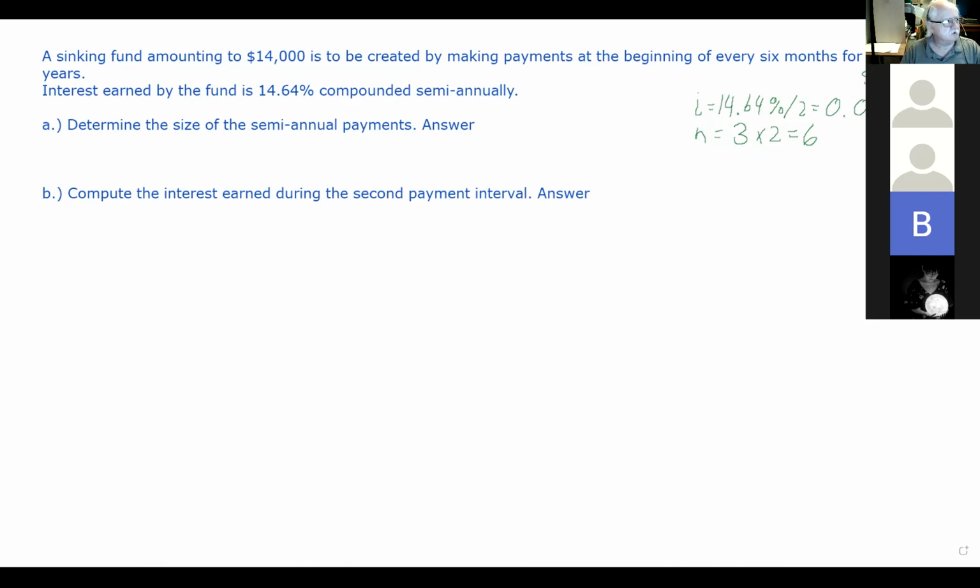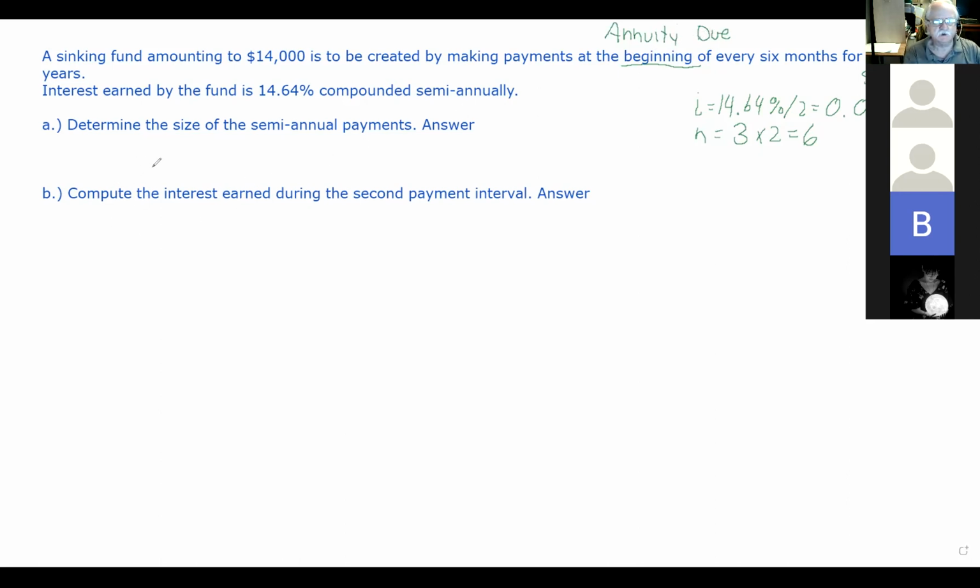So our formula here, it's annoyingly at the beginning. So this is annuity due. So when we find the payment, we've got to be using the annuity due formula, not the ordinary annuity.